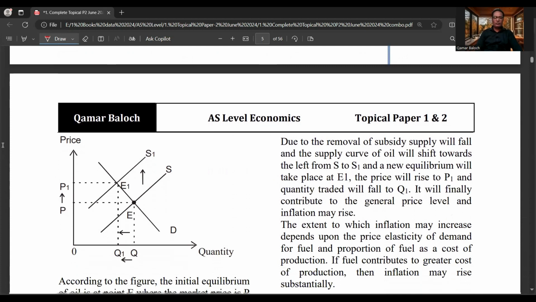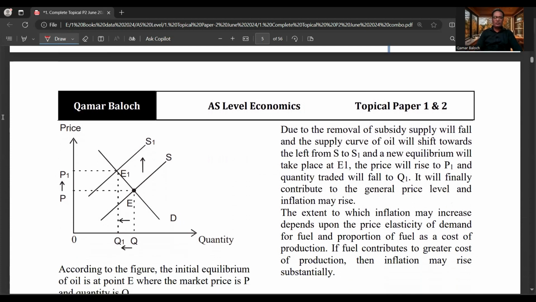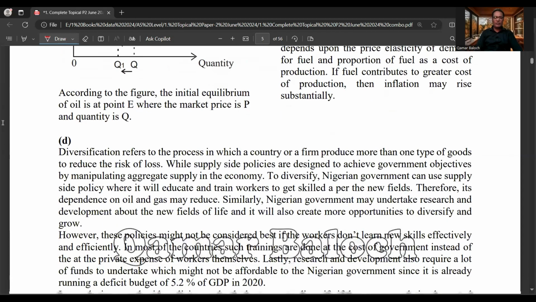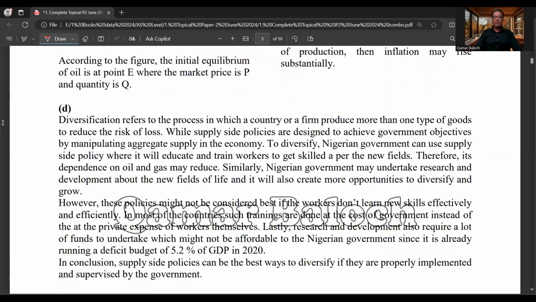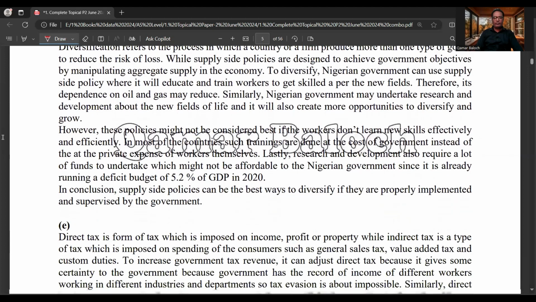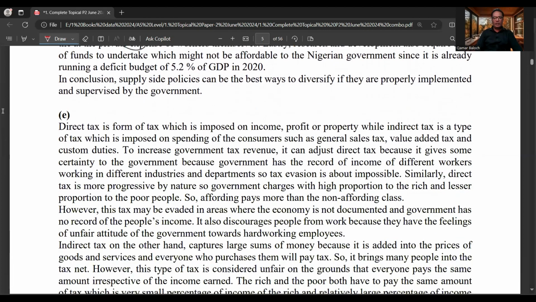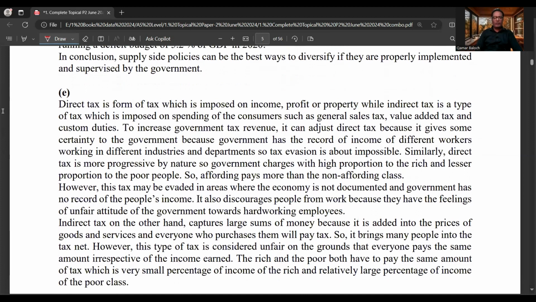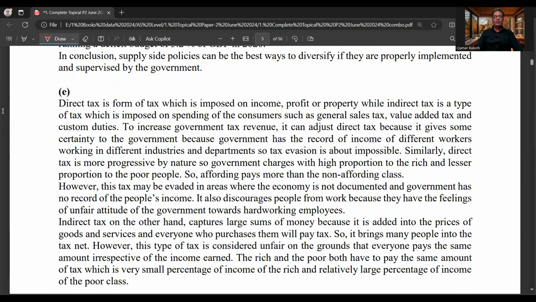Okay, so this is the answer of part C. And then moving to part D. This is the complete answer of part D. You can stop the video, read the answer carefully, and then we have part E. And this is part E of the same paper. You can again stop the video and read this answer carefully so that you can reproduce such answers in the exam paper.